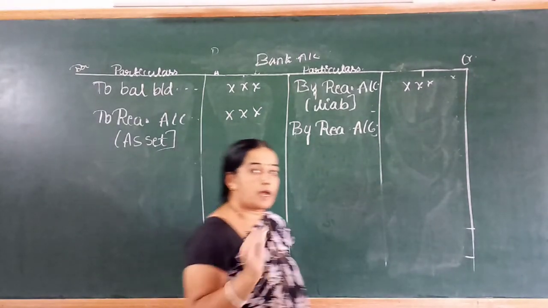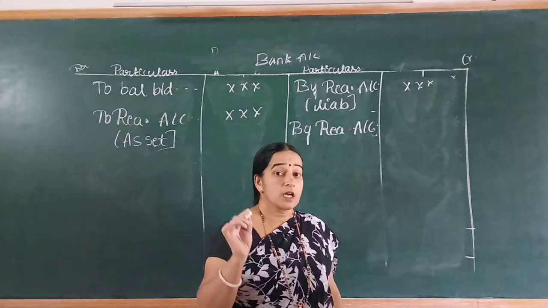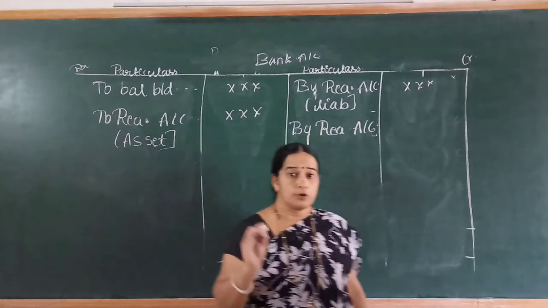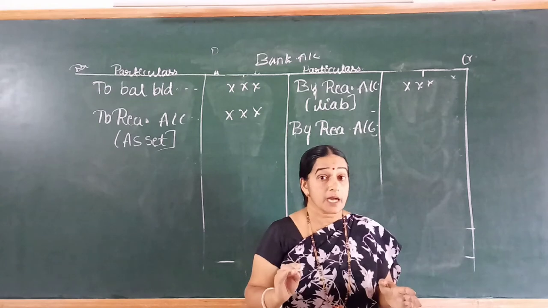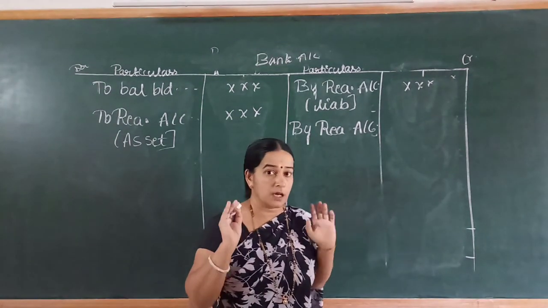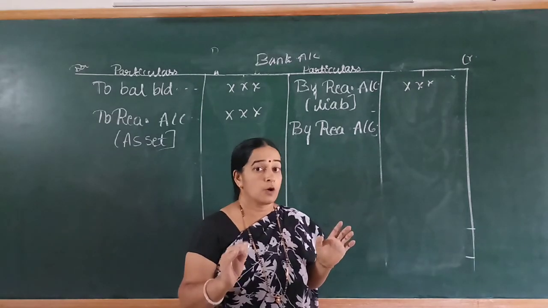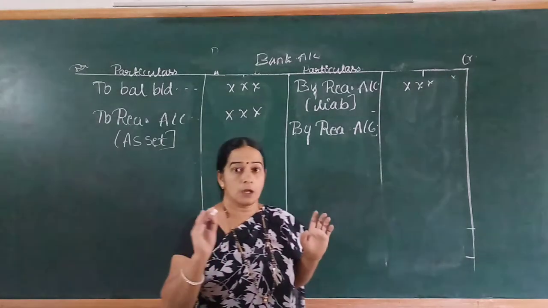Now the third entry in the bank account is for the payment of the partner's loan. So what is a partner's loan? A partner's loan is the amount paid by the partner over and above his capital amount. Whatever amount is paid by a partner over and above his capital will be treated as a loan.